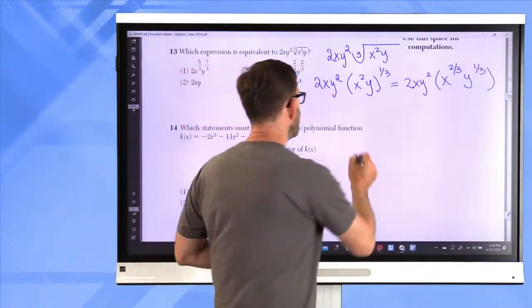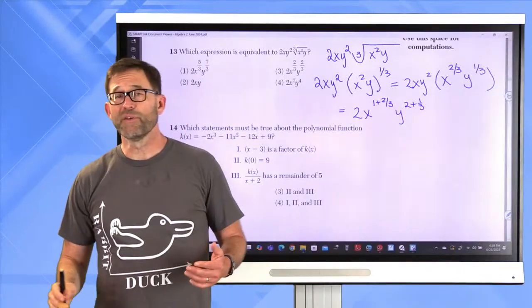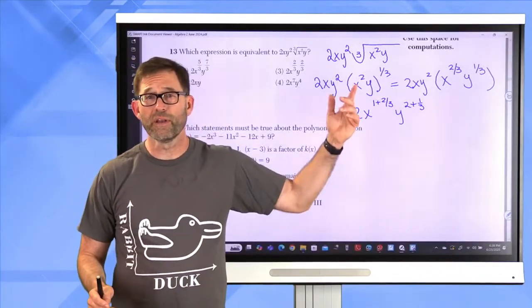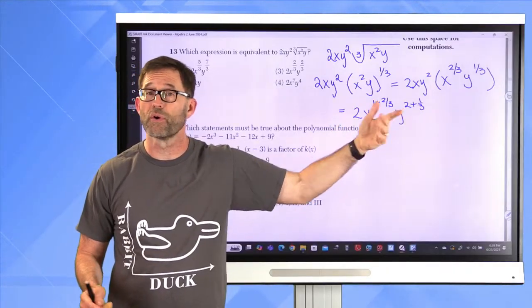In other words, I'm going to have 2 times x to the 1 plus 2/3 times y to the 2 plus 1/3. And again, if you don't particularly feel comfortable with fractions, feel free to add the two fractions, 1 plus 2/3 and 2 plus 1/3 on your calculator.